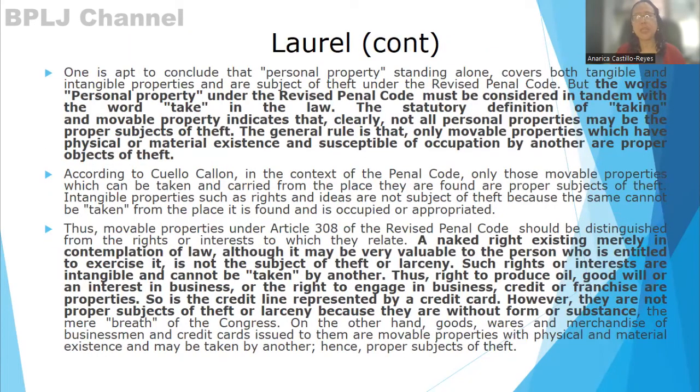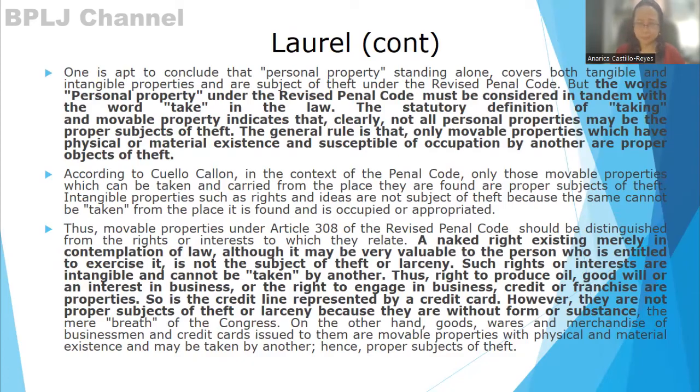In this case, personal property under the penal code must be considered in relation to the word take. So the statutory definition of movable property indicates that not all personal properties are proper subjects of theft. The general rule is that only movable properties whose physical and or material existence and are susceptible of occupation can be the proper objects of theft.